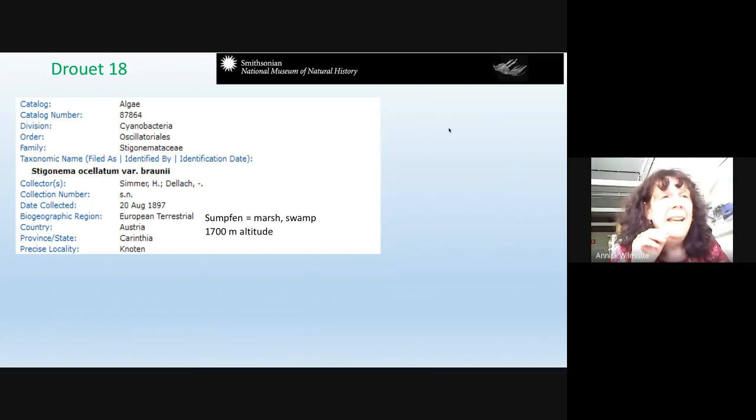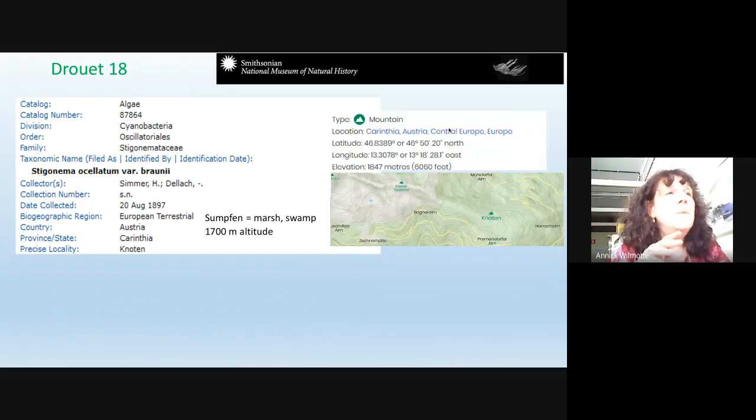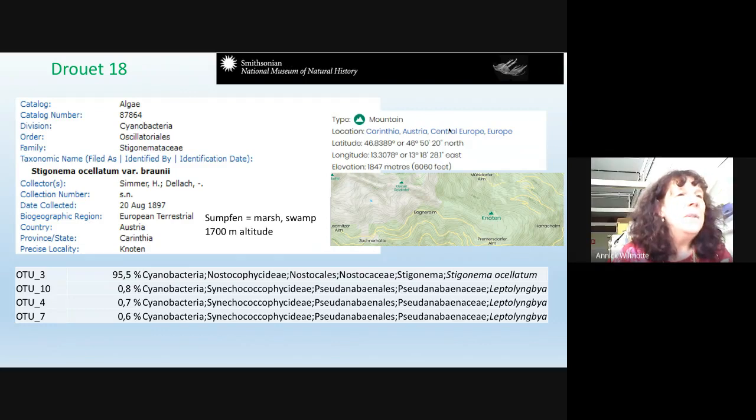So next. So thanks to the name of the mountain, it was possible to see where the mountain was. And next. The sequencing gave us a large majority of one OTU, OTU 3.